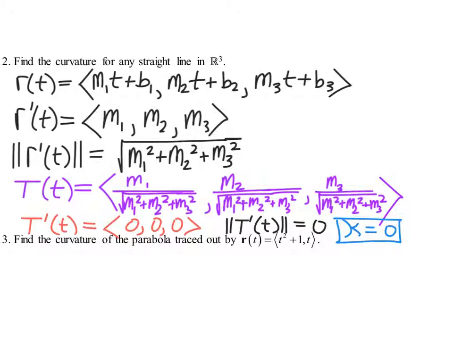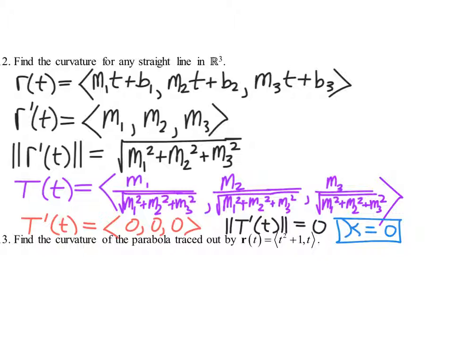0 because it had to be, because it's a straight line, but also because the kappa formula has the magnitude of T prime of t as its numerator. So unless the magnitude of r prime of t is also 0, which it's not, right?